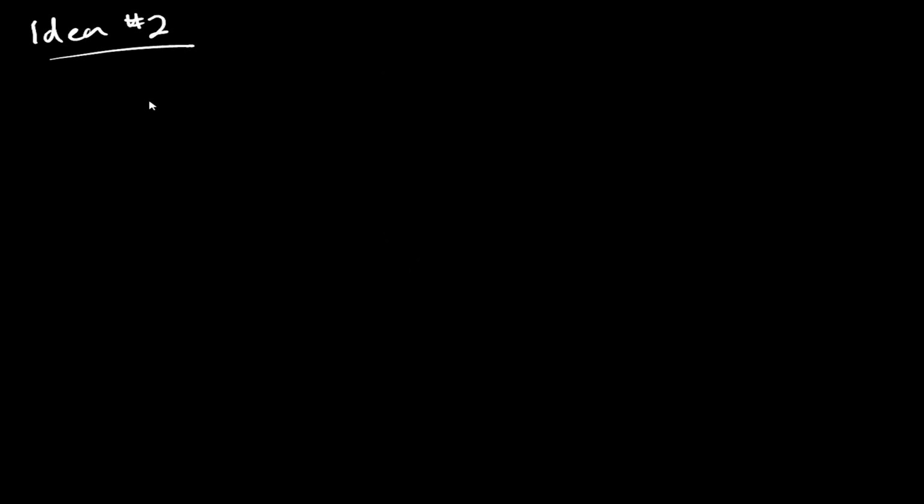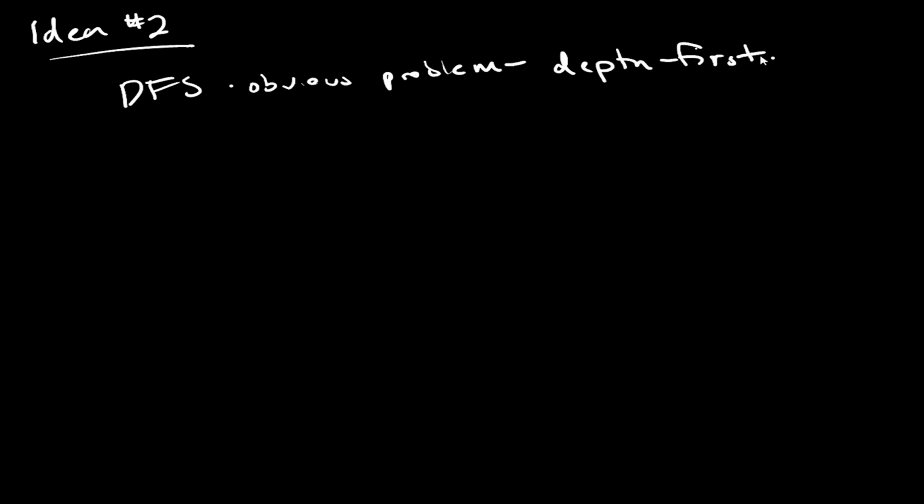So the other unweighted search we had was DFS. So let's look at DFS. The pretty obvious problem is that this is depth first, which means if you have this abstract idea again, we're going to hit a node, but we're going to keep going regardless of if there are other incident edges, right?